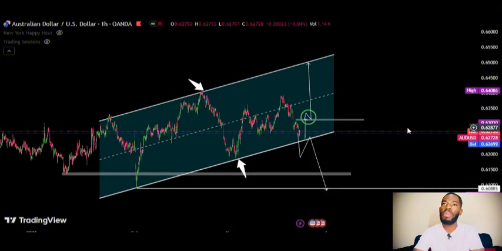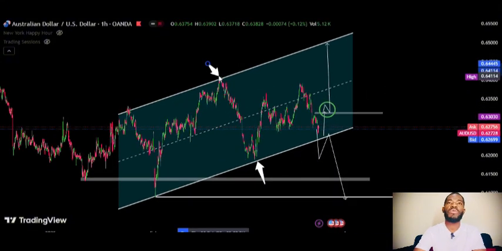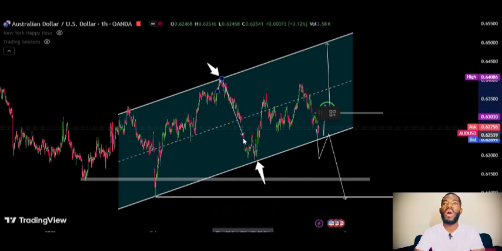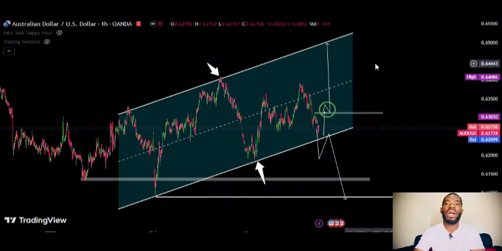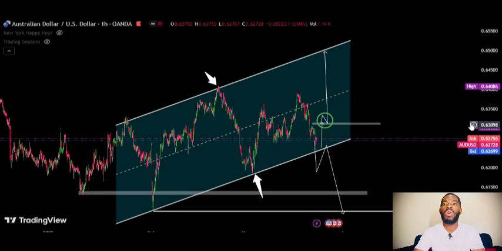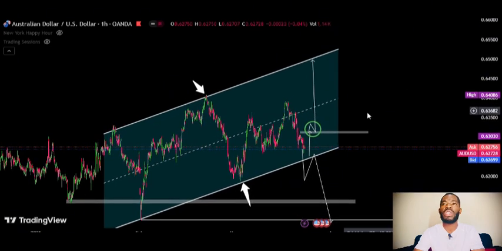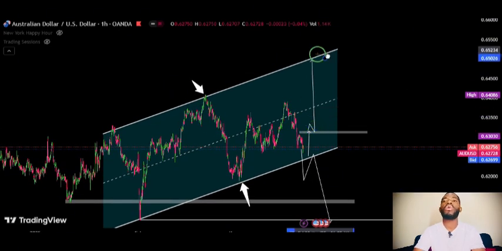And also another possibility could be if the price is at this point here. You could decide to sell all the way down here. So that is another way of trading the bearish flag chart pattern. Should the price get to this point over here, you can also look for confirmations to sell back to this level.